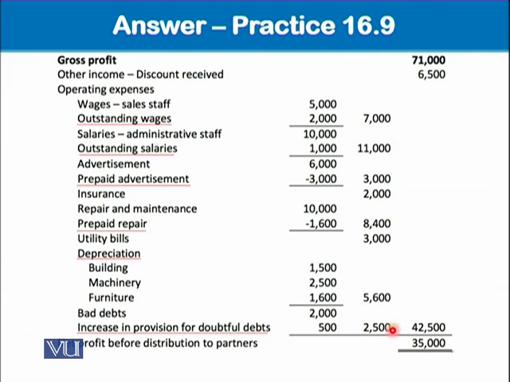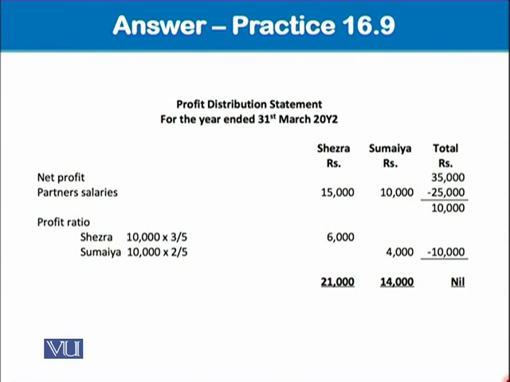So by making all these adjustments, we have net profit which is available for distribution to the partners. Okay. This 35,000 we have to distribute among the partners according to the ratio given in the question. And this is how we will be preparing the profit distribution statement for this year.